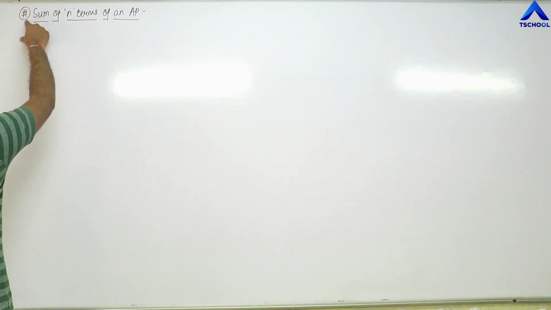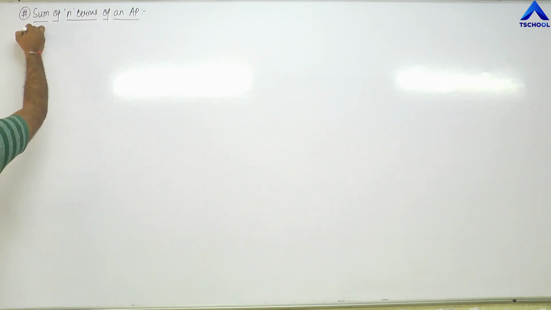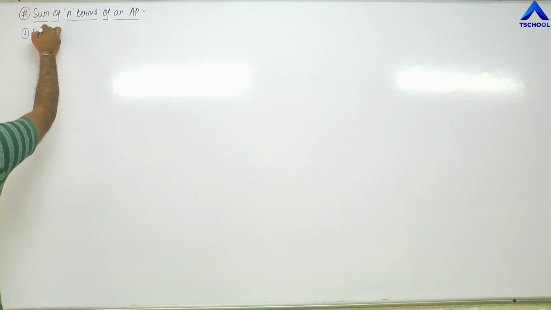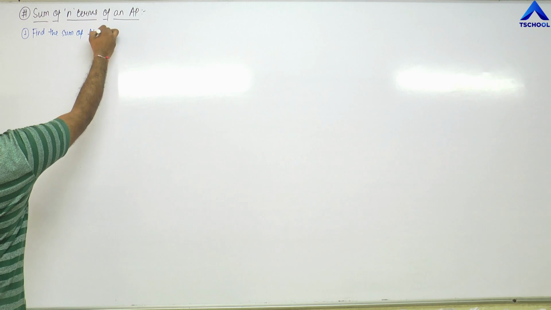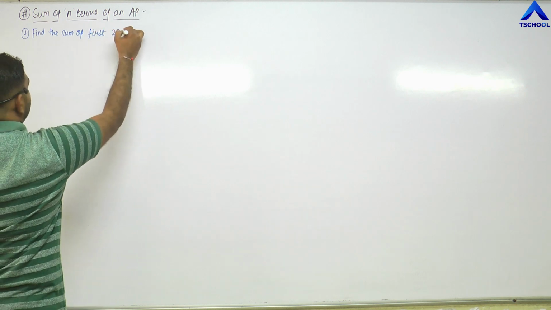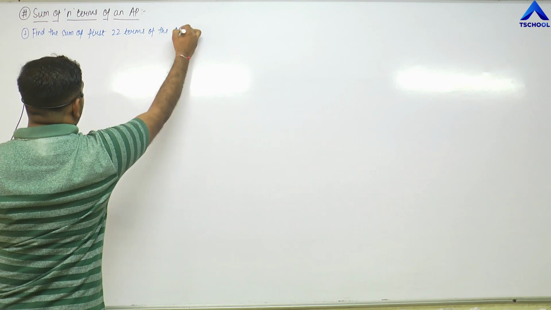Okay, now we are going to solve some sums related to this. Suppose that I am having a question here that find the sum of first 22 terms of the AP.